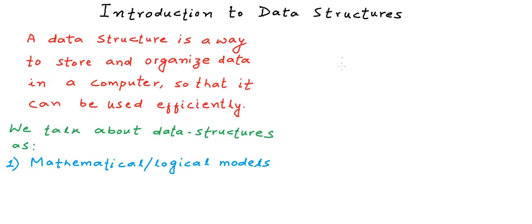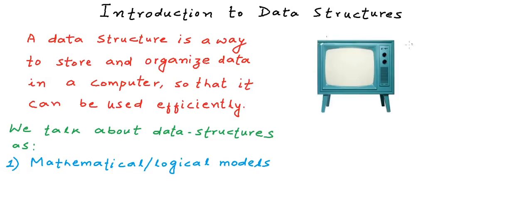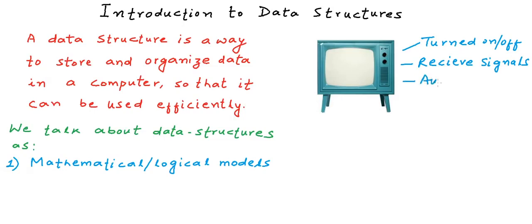An example of an abstract view from the real world can be the abstract view of a device named television: it is an electrical device that can be turned on and off. It can receive signals for satellite programs and play the audio and video of the program. And as long as I have a device like this, I do not bother how circuits are embedded to create this device or which company makes it. So this is an abstract view.